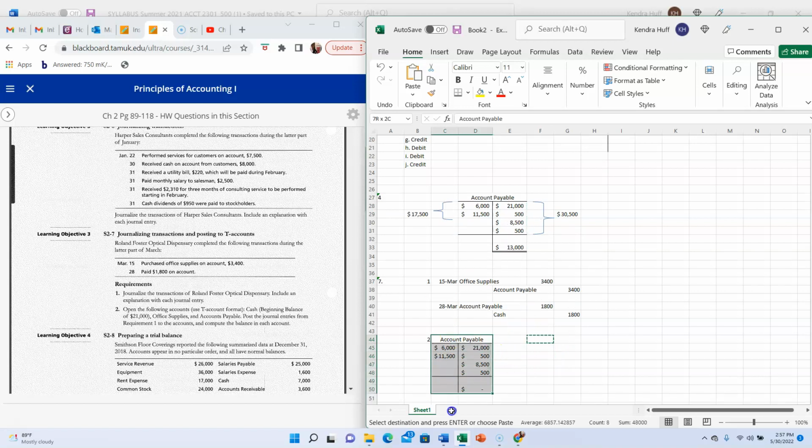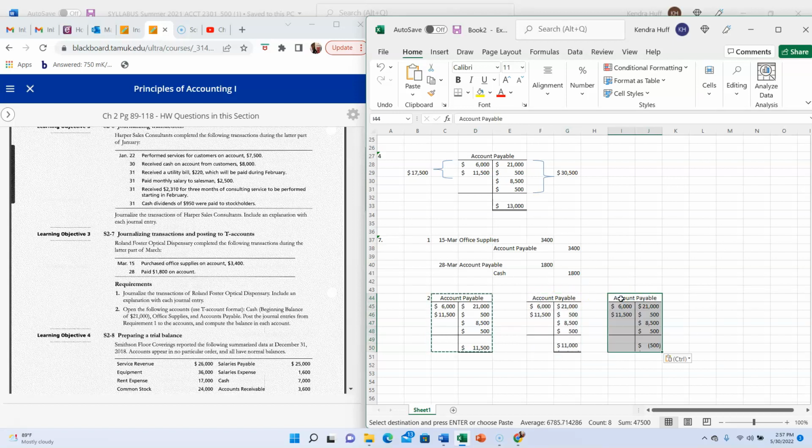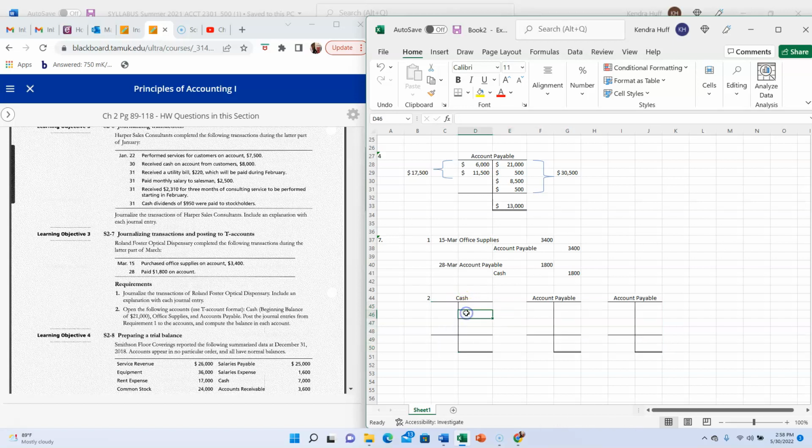Oh, dang it. And accounts payable. All right, so this is going to be cash. And it says we're starting with the beginning balance of $21,000.